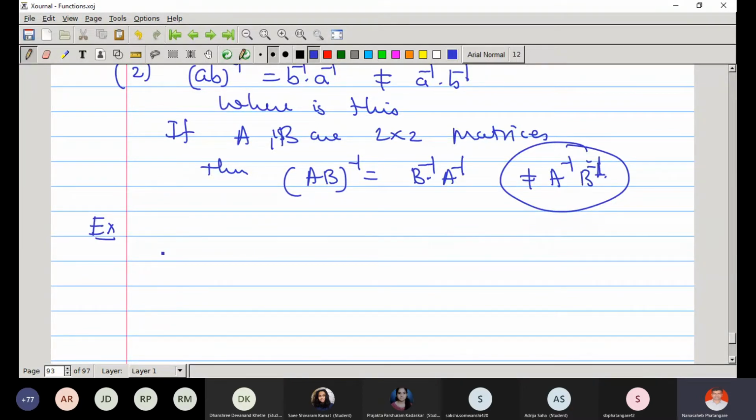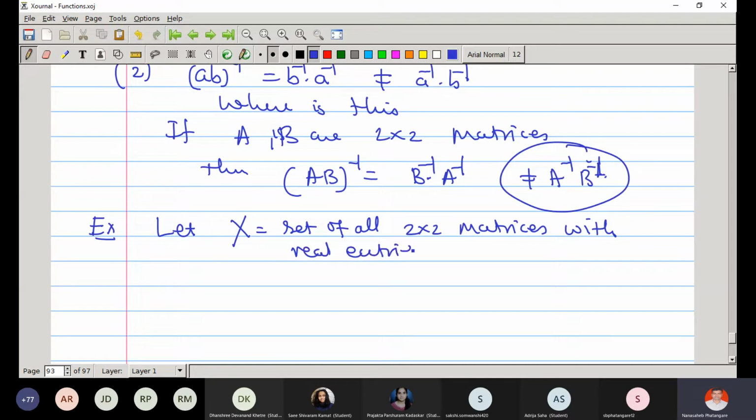Okay, so let X be the set of all 2 by 2 matrices with real entries. This set is denoted by M2R.